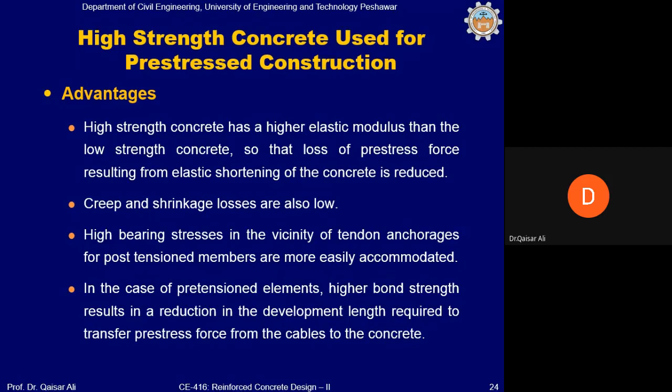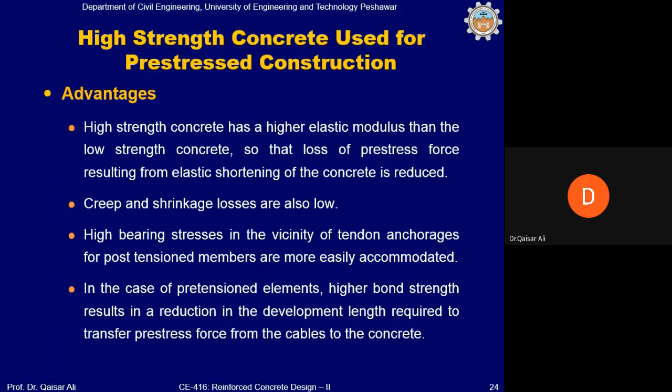Although the pipe will be bonded to the concrete, the steel wires inside the pipe will not be bonded to the concrete member. Now, when concrete attains its full strength, the steel wires are anchored on one side of the member and stretched from another side, and then anchored on both sides with proper anchorage devices. So the pre-stressing force is transferred through the anchorage devices on both sides, not due to the bond between steel and concrete. This kind of technique is called post-tensioning.